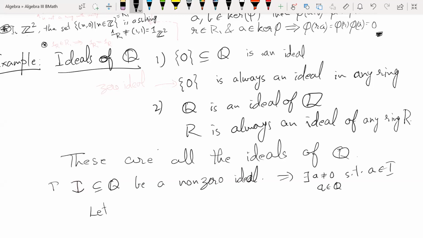So maybe this is the proof of the above statement. Let B be some rational number.